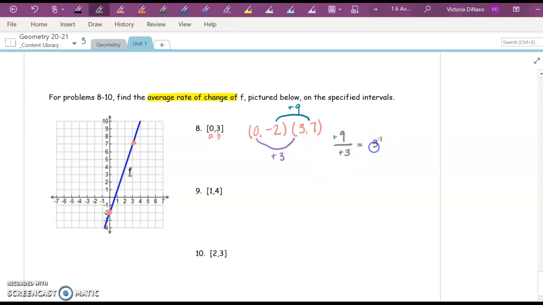This reduces to 3. Now, as long as it's a straight line, your other average rate of change will also be 3. But what you're doing is plotting points, figure out what your y's are, and then doing your change in y divided by your change in x. And this is how we do average rate of change.